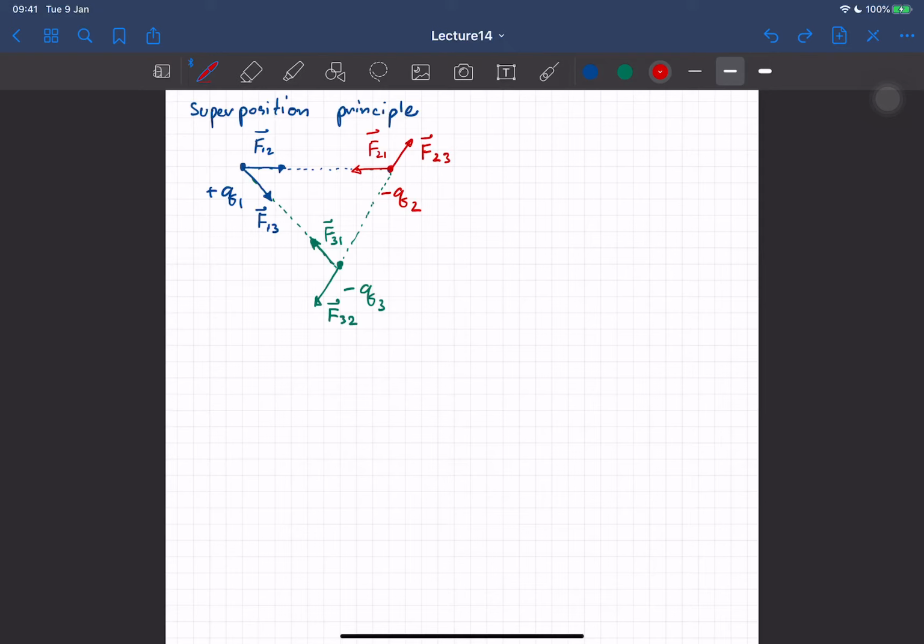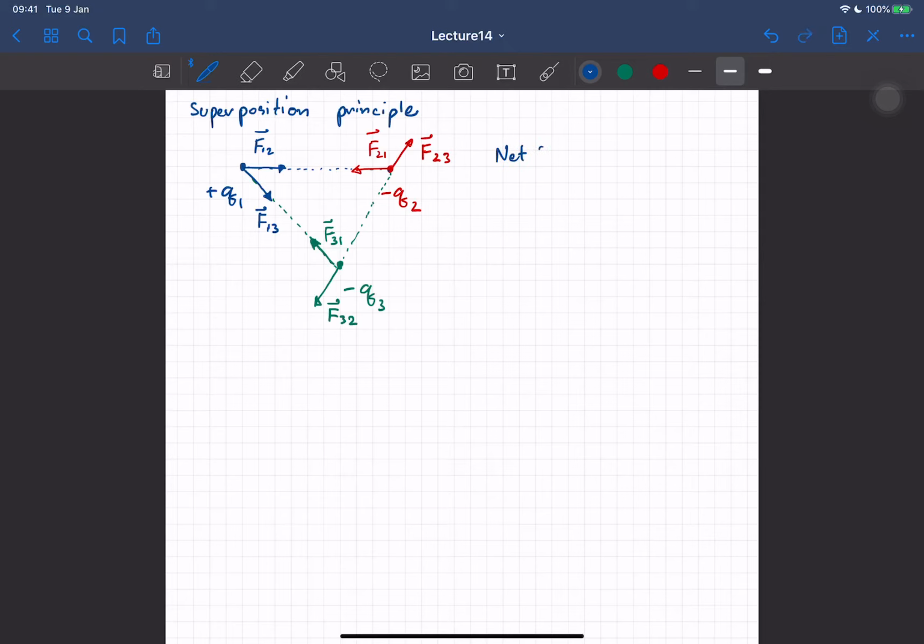So the superposition principle tells you that F12 and F13 are two forces on Q1. So the net force on Q1 is just F12 plus F13. So I'm gonna write it down like this.